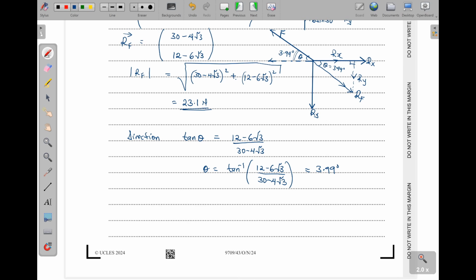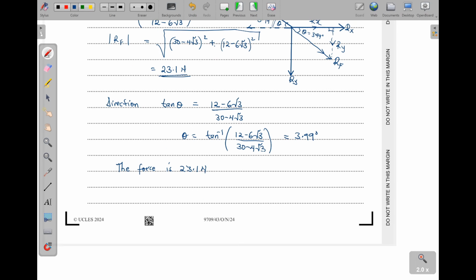Then I can conclude and say the force is 23.1 newtons above the negative x-axis. This is now its direction above the negative x-axis.